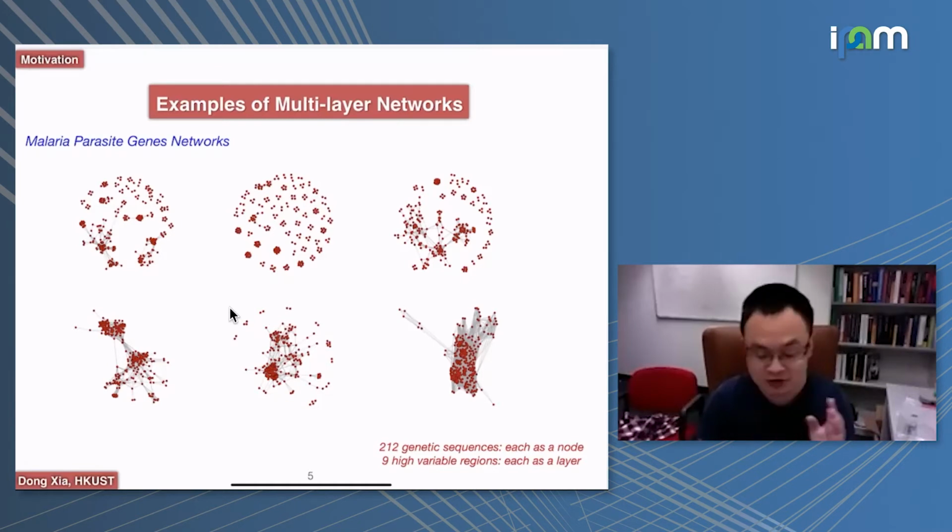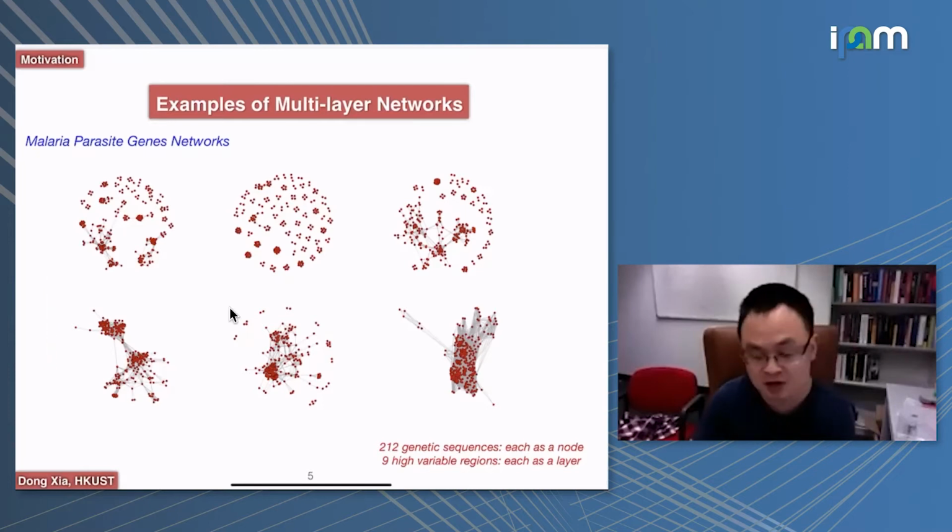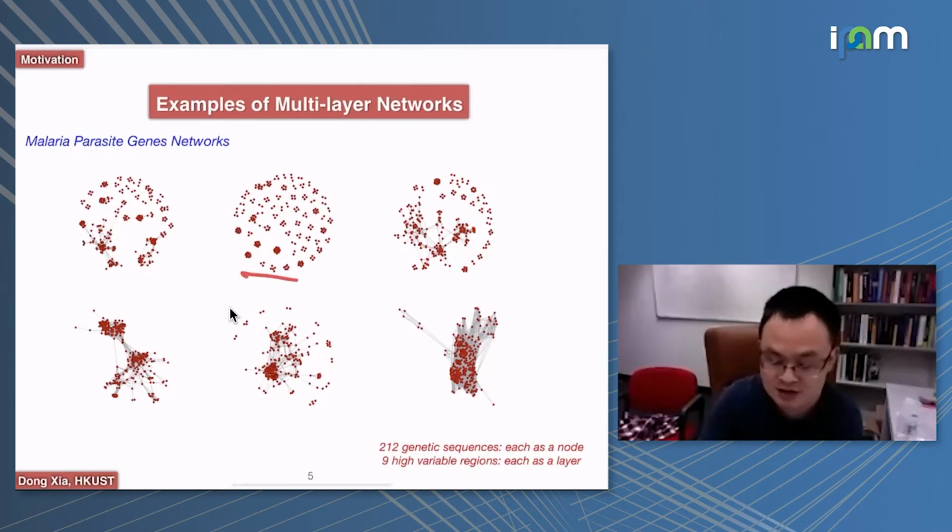In this data set we have observed 9 highly variable regions, and in each of these regions we can observe 1 layer of network. In other words, in total we have 9 layers of networks, but here I only present to you 6 layers. This data set is very interesting because you can see for some layers the network is not even connected.